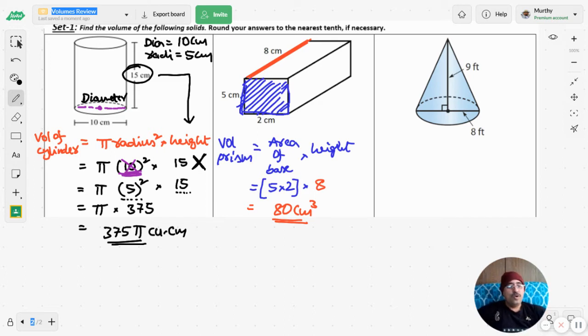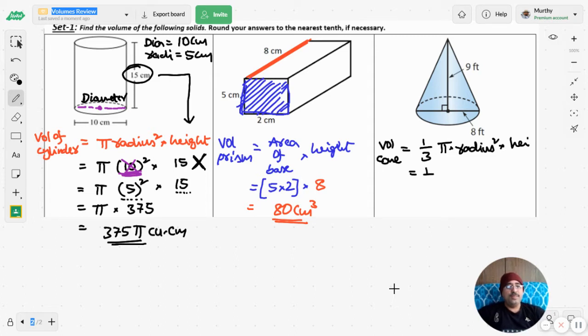Now coming to volume of this cone. Volume of cone equals, due to lack of space, I am writing very close, 1/3 pi times radius square times height.